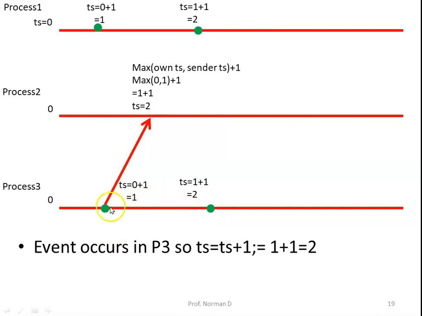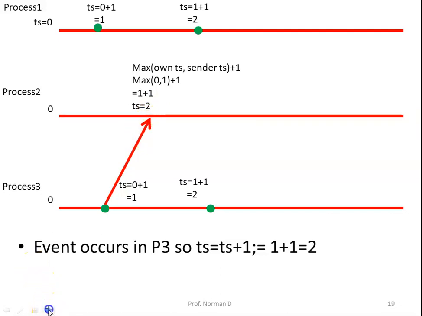So the current timestamp is 1 plus 1, which will be 2. If you observe carefully over here, the timestamp is 1, but when it reached the other process, the local timestamp of that machine was 0, but when the message arrived, the timestamp there is shown as 2.